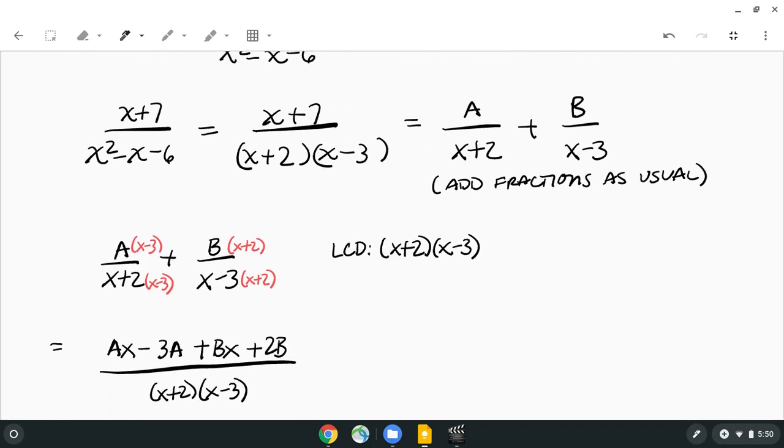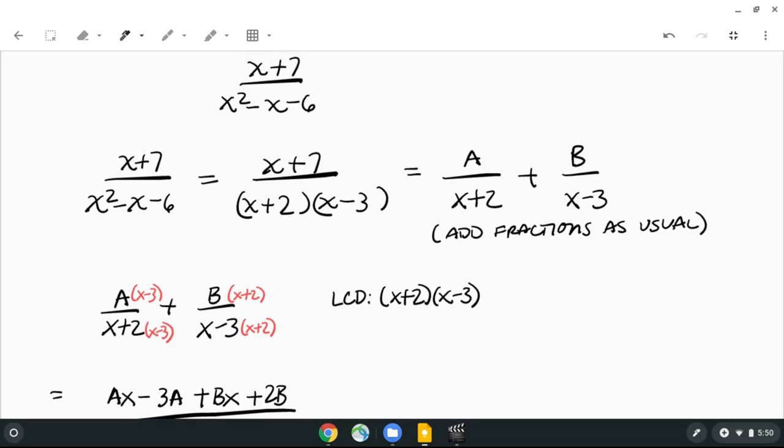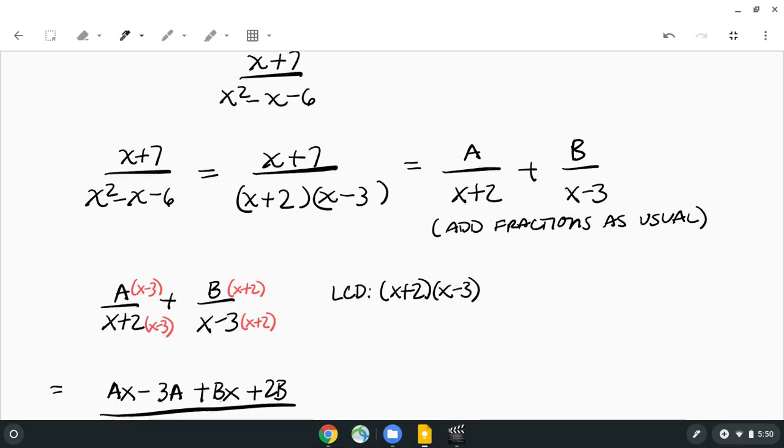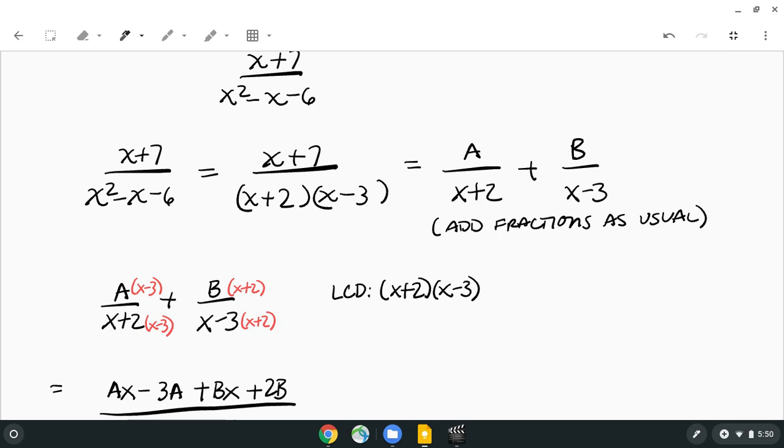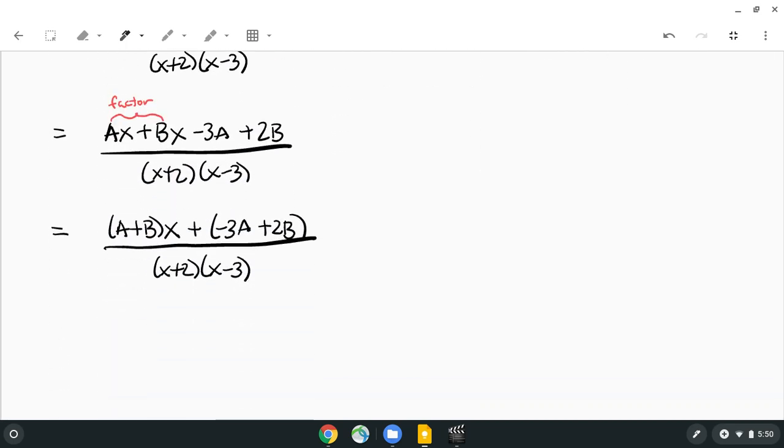The original problem has x plus 7 in the numerator. So that's what this should be equal to. Let me get my red pen. This here should be equal to 1x plus 7.